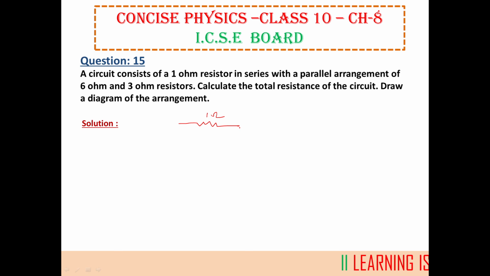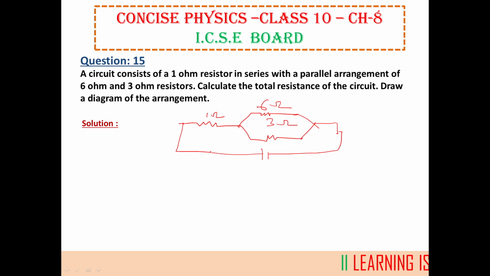So with this there are two resistances which are connected in parallel. So with these two resistances, one is in series, so if this is 6 ohm, this is 3 ohm. So how can we find out the equivalent or total resistance of the circuit?